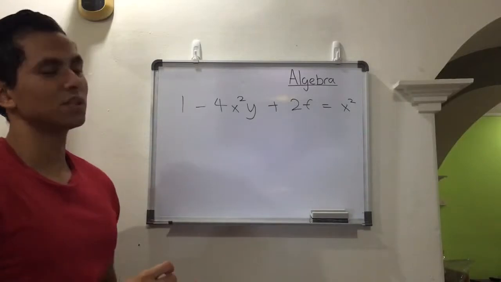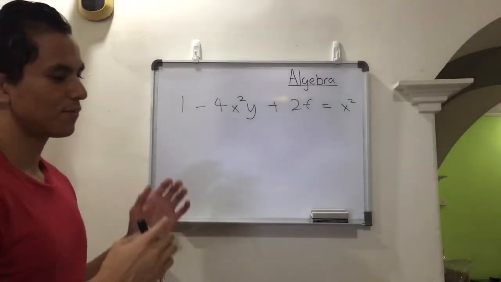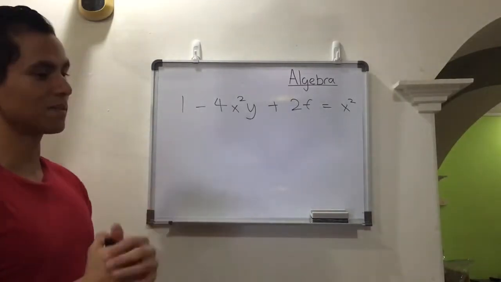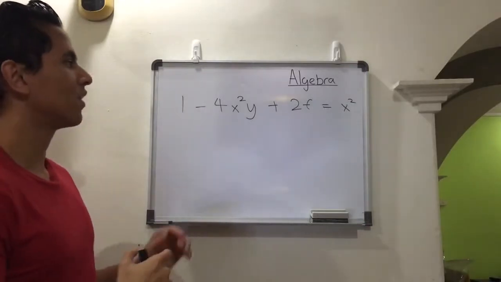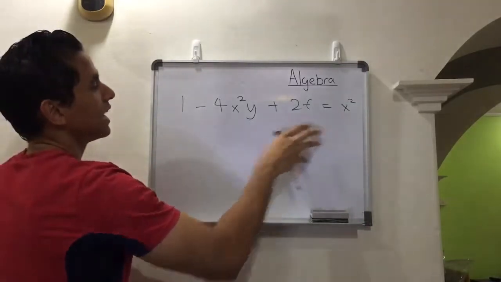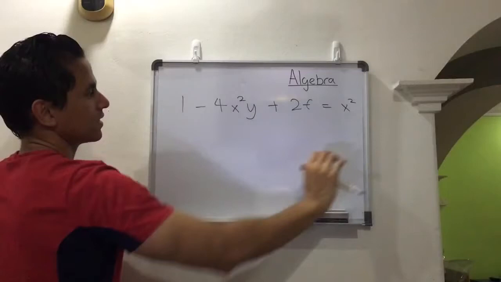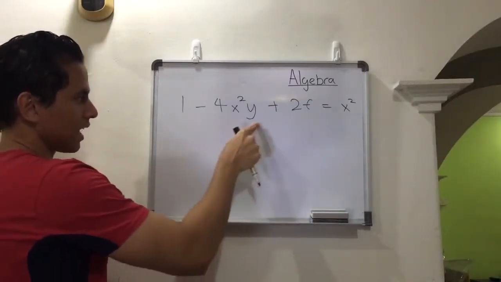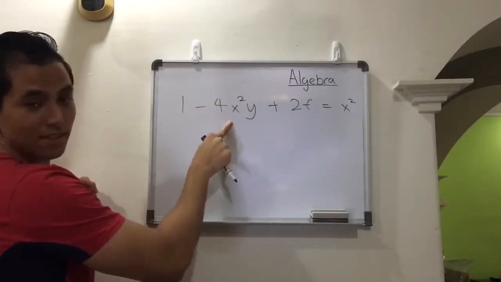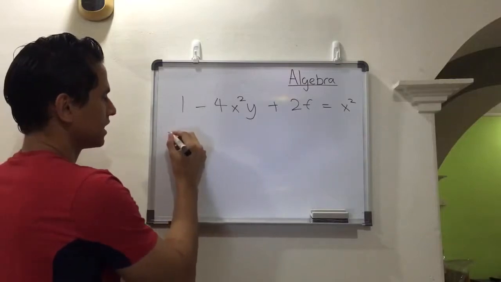Tricky, but again, we just take note that for making x the subject of the equation, we just need to bring all the x terms to the left hand side and everything else to the right hand side. So what I'm going to do is leave this on the left hand side because it's already there.